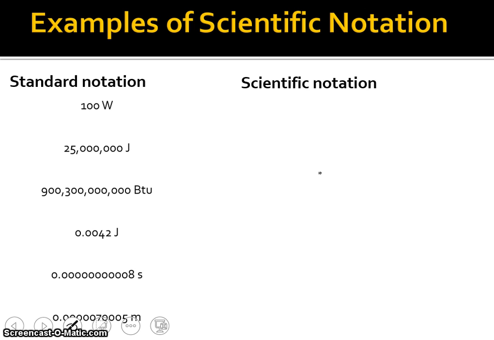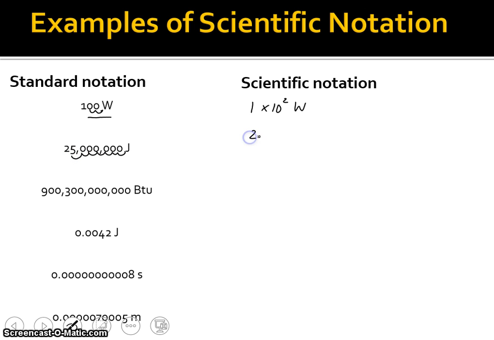So let's just do some examples. Like I said, this is the easiest way to go. Here's our standard notation, 100 watts. To convert this, it's implied that the decimal point is here, so we count over 1, 2. So it's 1, and remember, you drop all the zeros to the right, so it's 1 times 10 squared watts, and that's it, okay? Here, the decimal point is here, 1, 2, 3, 4, 5, 6, 7.